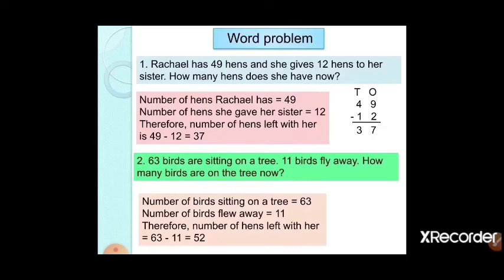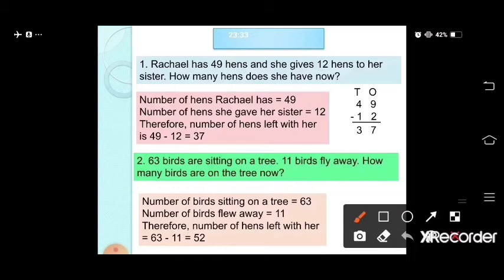Okay, next one: 63 birds are sitting on a tree, 11 fly away. Fly away, so go away. Away means that we have to do the subtraction. So how many are left? Okay, so we will do it like this.